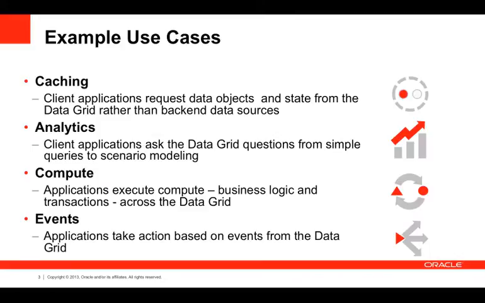Here are some of the common use cases for Coherence. You can use Coherence for data caching. You can access the data objects and look at each property and state from the data grid instead of backend data stores. You can also use Coherence for data analytics.